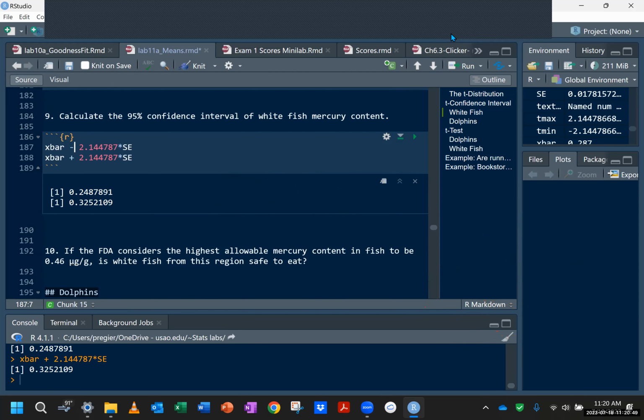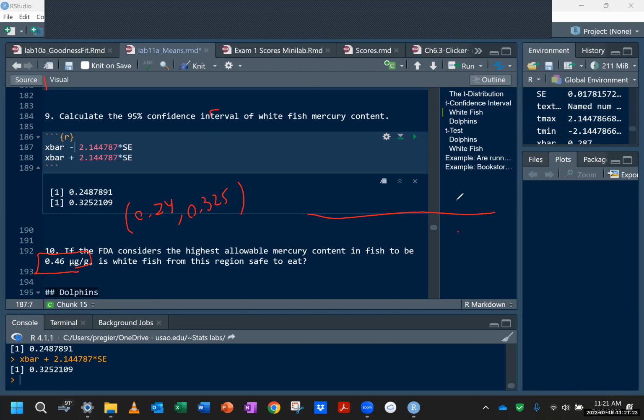So this is 95% of the fish we have will have this amount of mercury, so between 0.24 and 0.325 parts per million mercury. So now we can say, is whitefish safe to eat? If the FDA says, hey, you can have 0.46 micrograms per gram, parts per million mercury, is it safe?